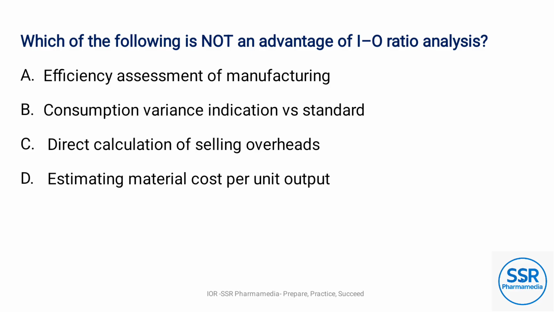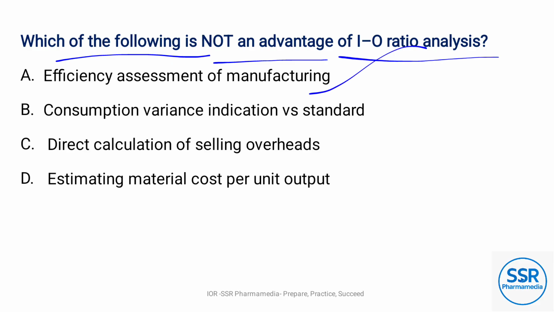Next question: which of the following is not an advantage of input-output ratio analysis? Option A, efficiency assessment of manufacturing; option B, consumption variance indication versus standard; option C, direct calculation of selling overheads; option D, estimating material cost per unit output.